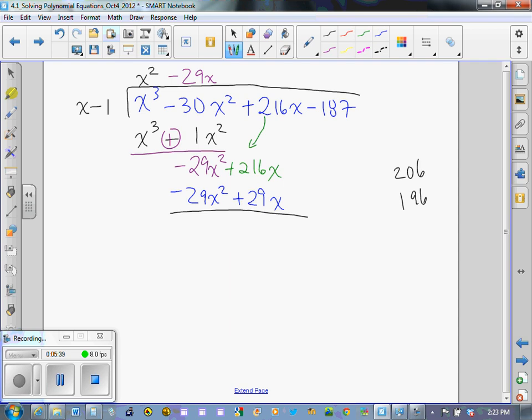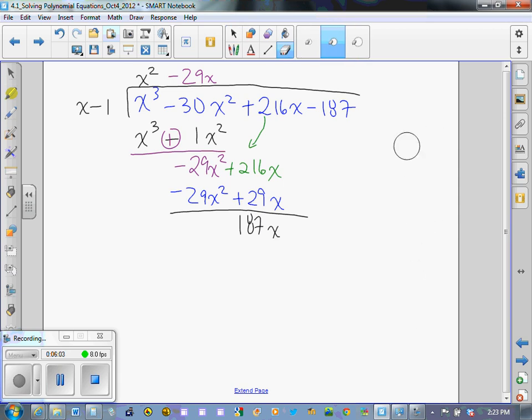Might be just as easy to take 10 off and say 186, but we only needed to subtract 9, so I better add 1 back on, so 187. So it looks like we have 187x remaining. Okay, so a little mental math there, or a strategy for subtracting by regrouping.